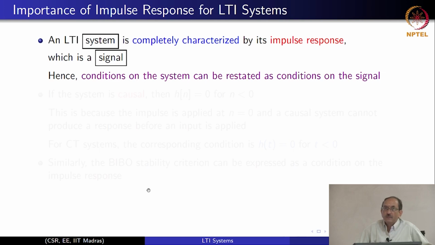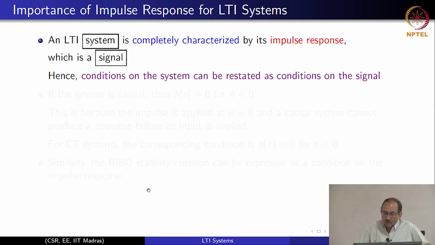Why is it that this is needed? If this is not satisfied, the impulse response won't be unique, right.